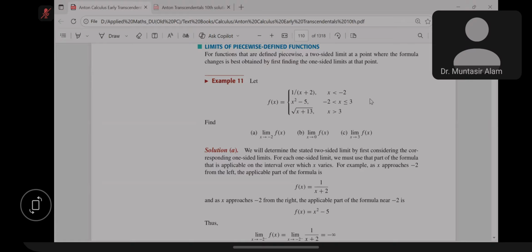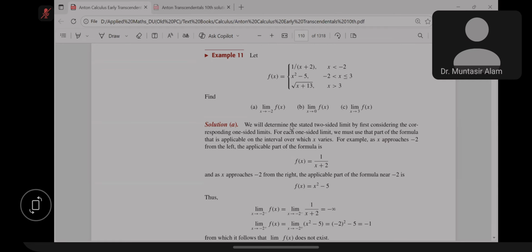That means we have to check the limit from the right hand side as well as from the left hand side when we approach -2. Did you understand what I said? Yes, sir. Okay, come again. Whenever you need to find the limiting value of the function as x approaches -2, that indicates you need to find the limiting values from both directions of -2.